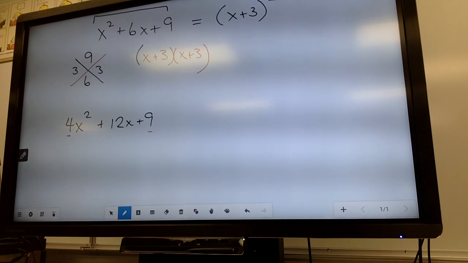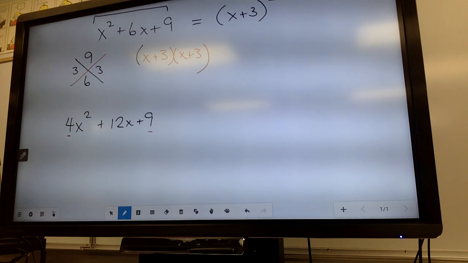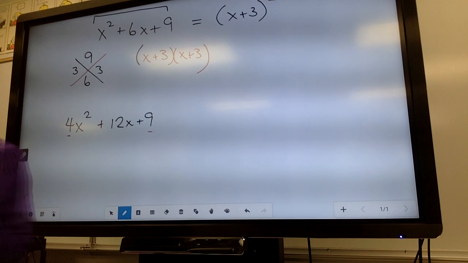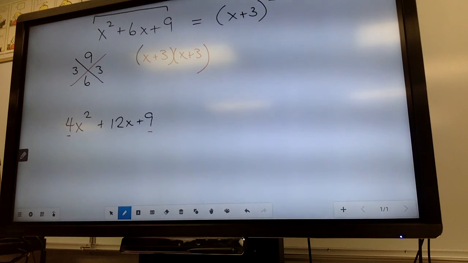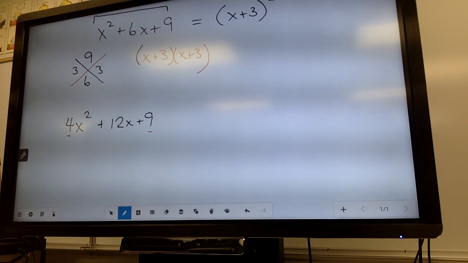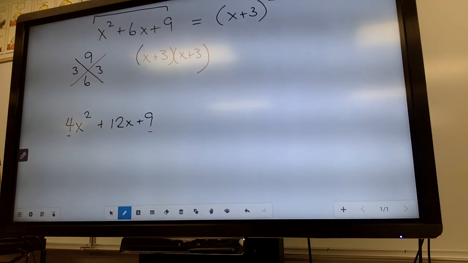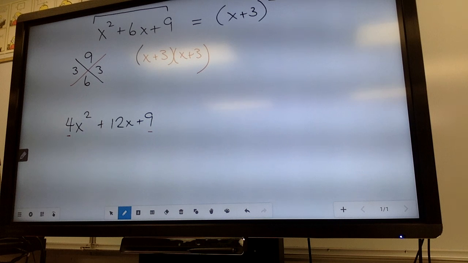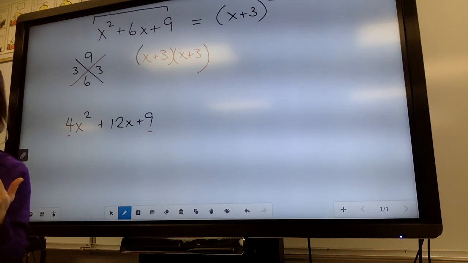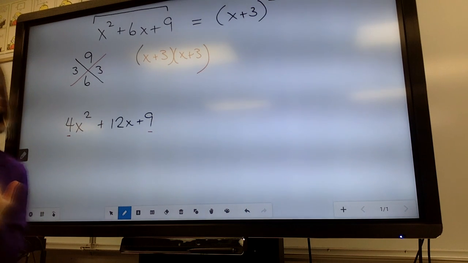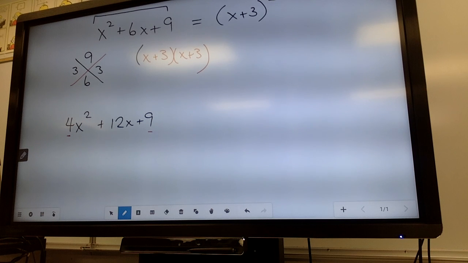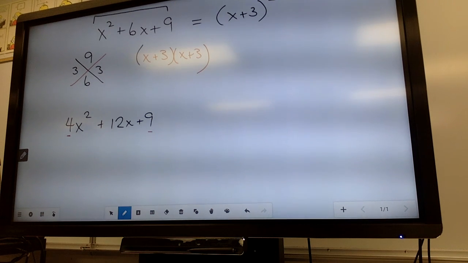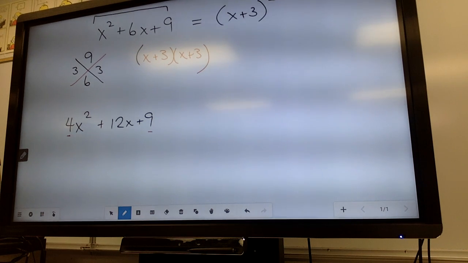Values that are perfect squares would be like the number 1, because 1 squared is 1. 2 squared is 4, that's why 4 is a perfect square. And 9 is a perfect square because 3 squared is 9. 4 squared is 16. 5 squared is 25. So these values are your perfect squares.